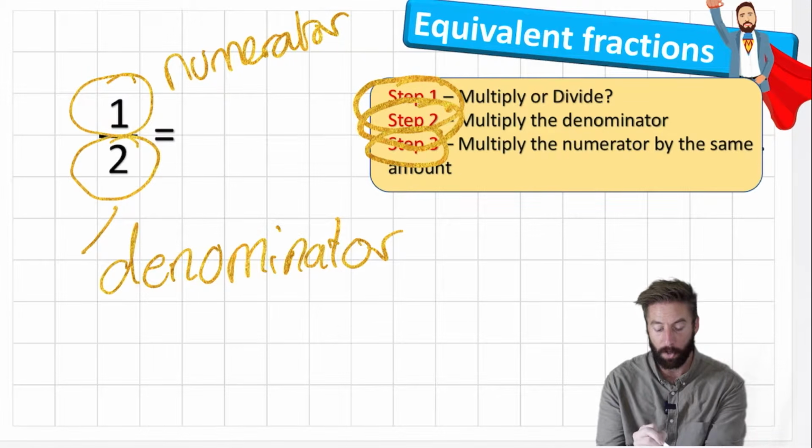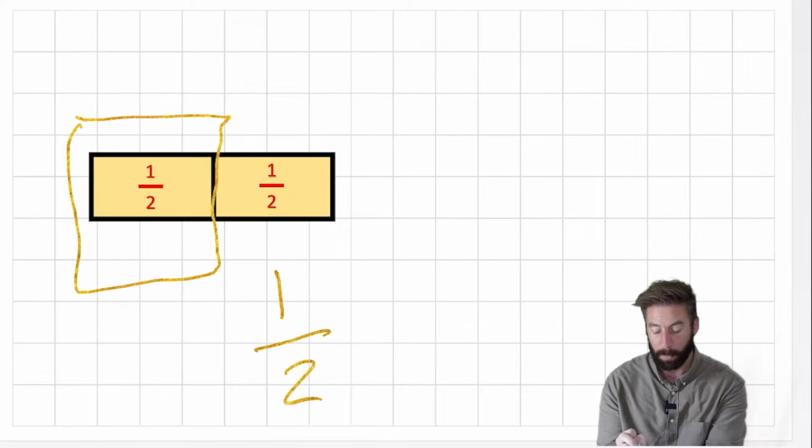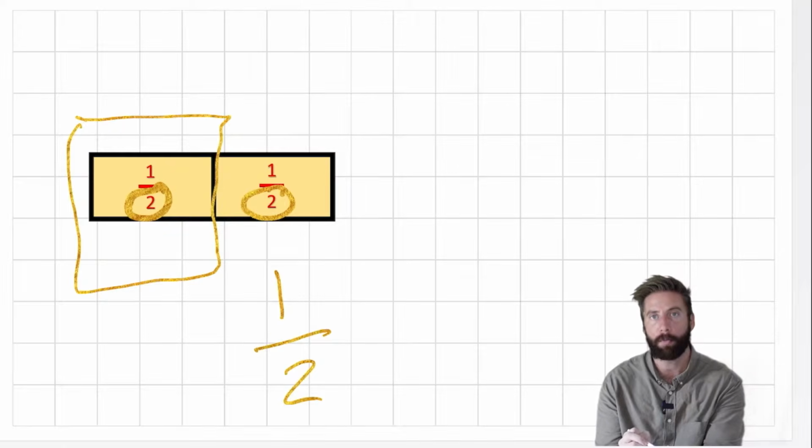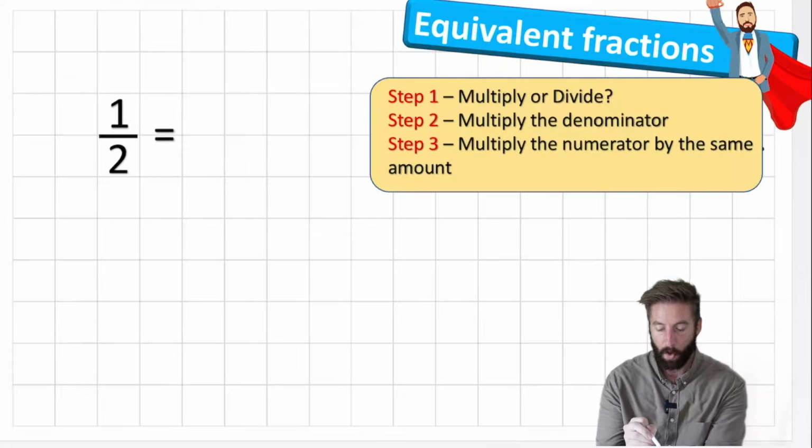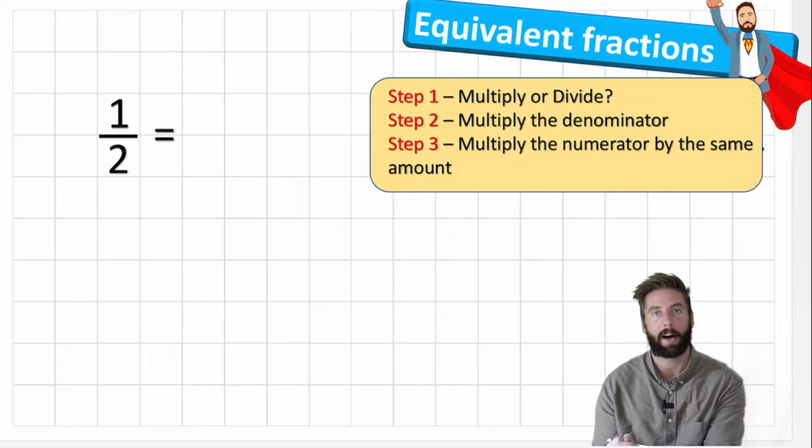So if we go back to our chocolate bar, it has been split into 2, so our denominator is 2. And then the numerator, the top number, refers to how many you're getting. So if we have 1/2 here, we have 1, and then over here we have another 1/2. Okay? So let's begin, and let's follow our steps.